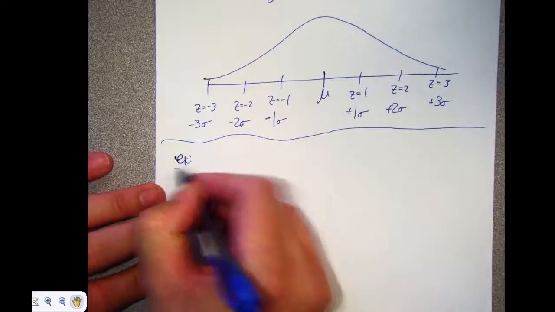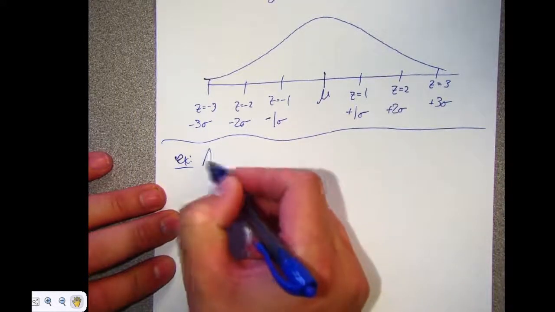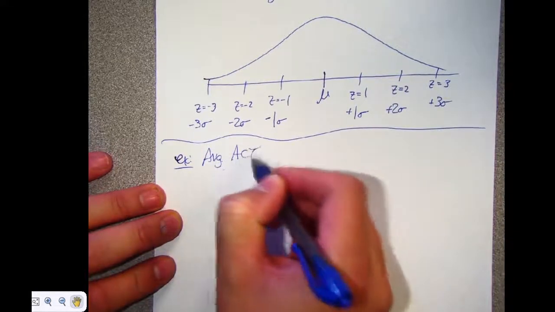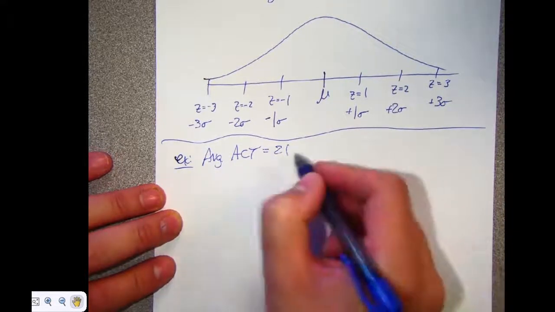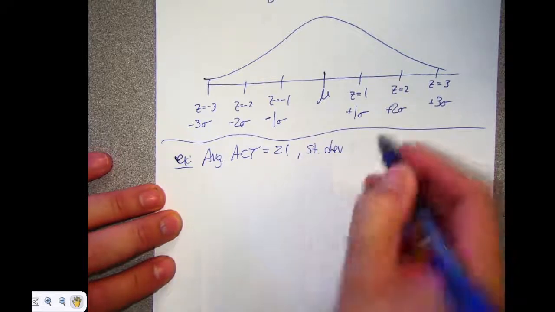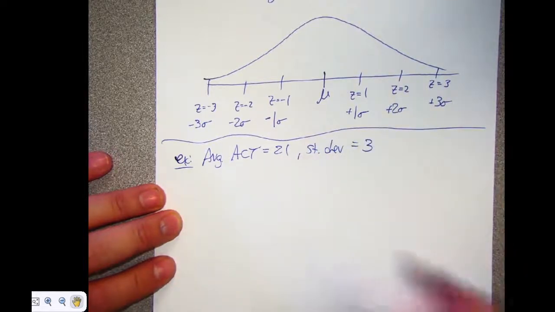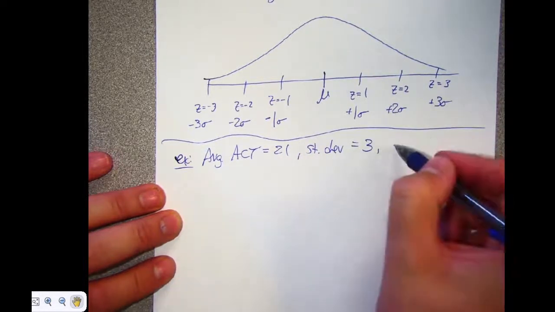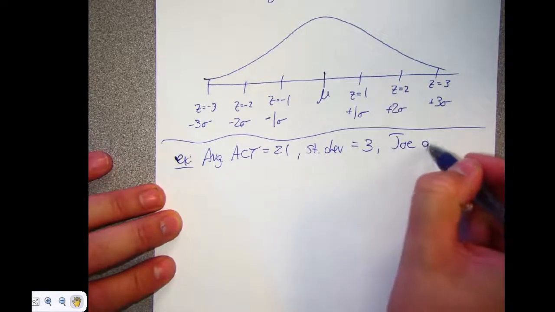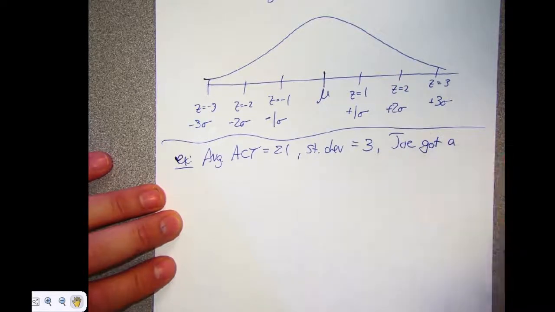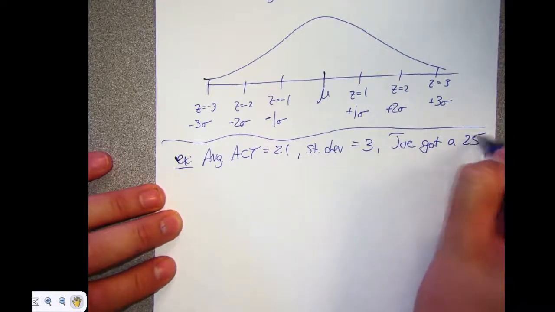Let's say I gave you the average ACT score is 21. Standard deviation is 3. And a certain, I don't know, Joe got a 25.